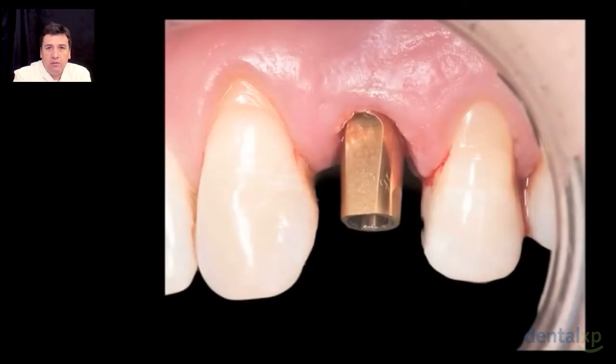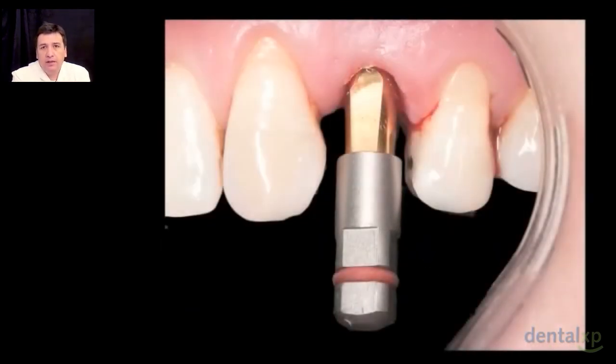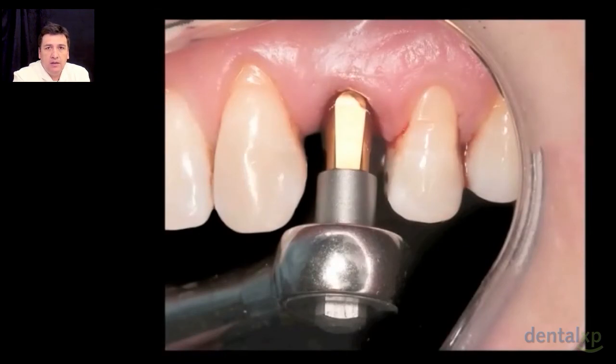After that, we can go with the ratchet, like this one, and we have to be very careful with the space remaining to the adjacent teeth. We have to avoid any touch of any instrument when we are installing our implant, because it could tilt the implant in some way, and that could end in a position not so adequate for the final crown.